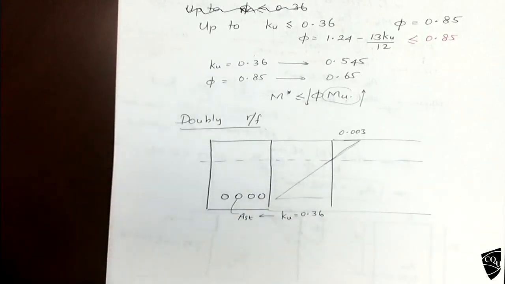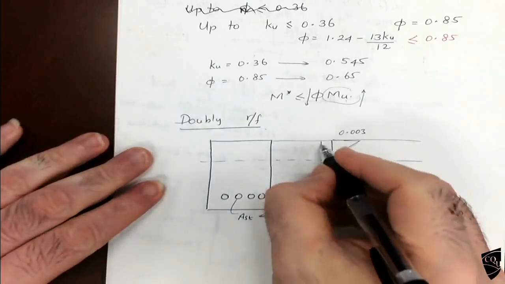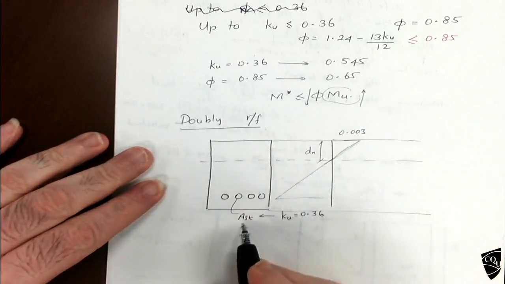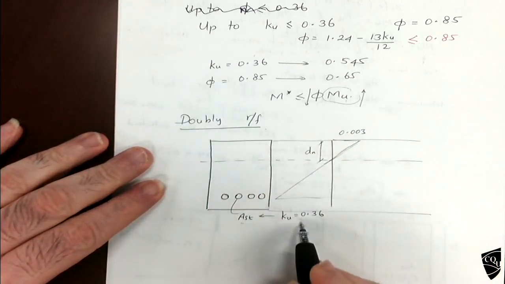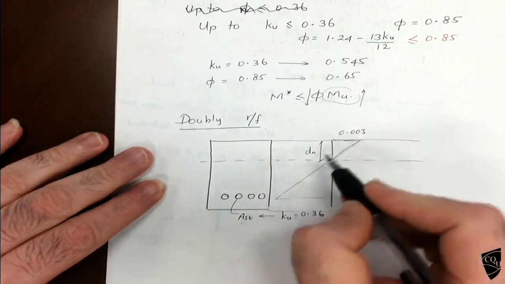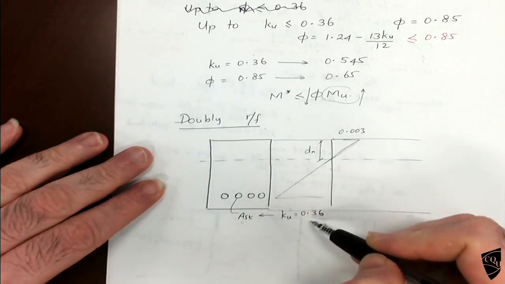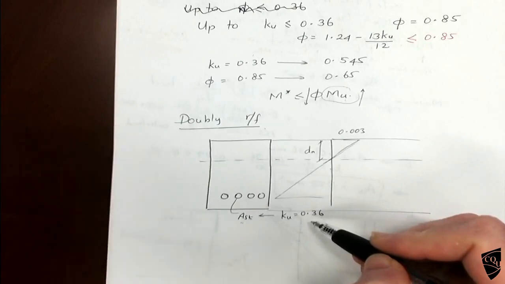That is the maximum Ast you can provide at the moment, because if you provide anything more, Ku will increase. If you provide any additional Ast, the dn will increase. So Ku increases, which means phi will reduce, so there's no point in putting additional steel.